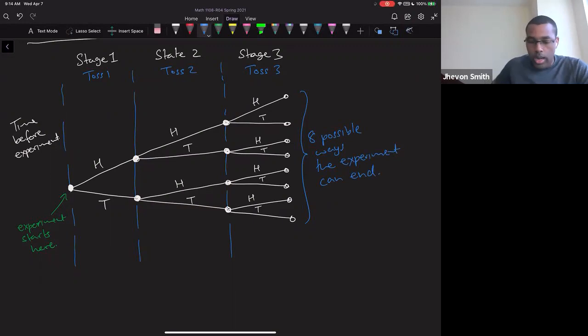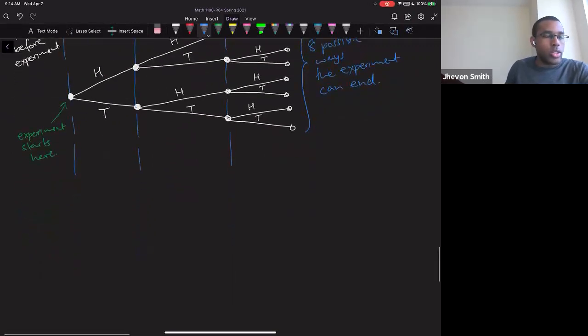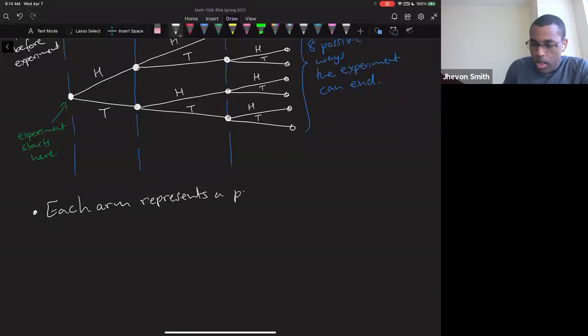And so the thing with the tree diagram, what you can realize is that each arm represents a possible outcome.